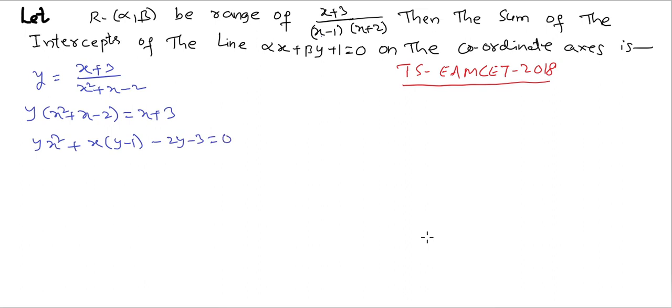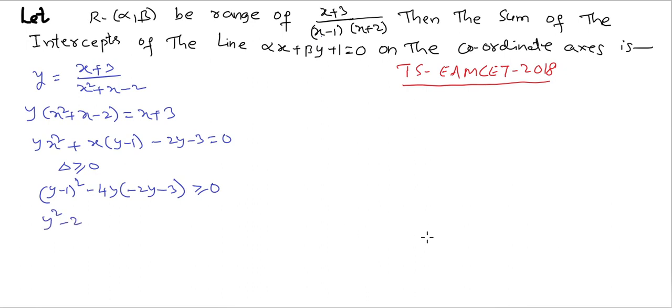Here x is real, so delta is greater than or equal to 0. Delta is b² - 4ac, so (y - 1)² - 4y(-2y - 3) is greater than or equal to 0.